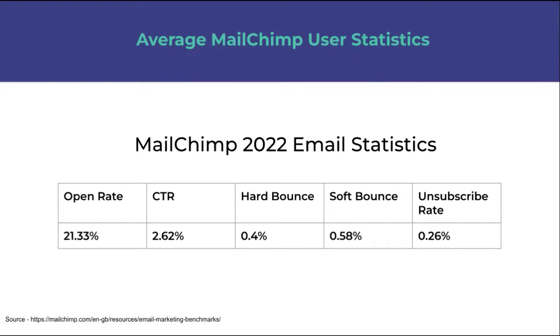So 20% open rate and a 2.62% click-through rate. As we come through the webinar today, we're going to touch on some Hyperise case studies and success stories. I'd like you to keep those figures in mind, so we can see using personalization how well we're able to impact those two key metrics of any email campaign that you're sending out.